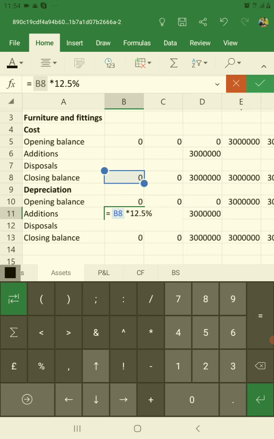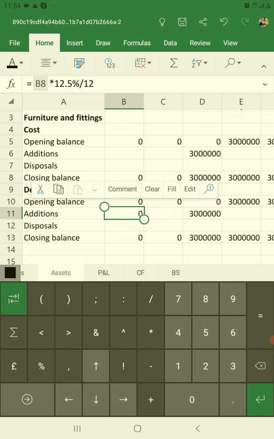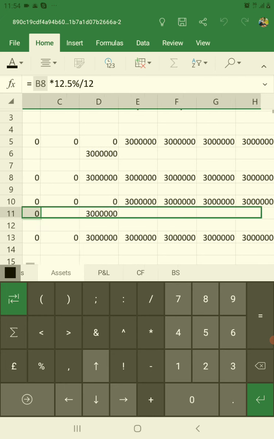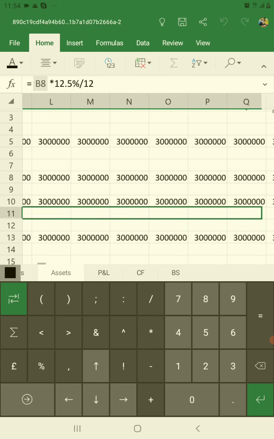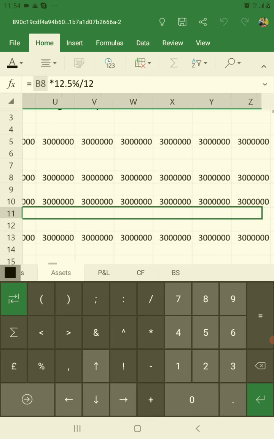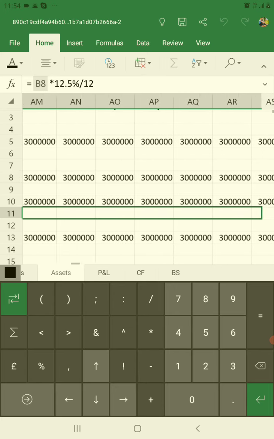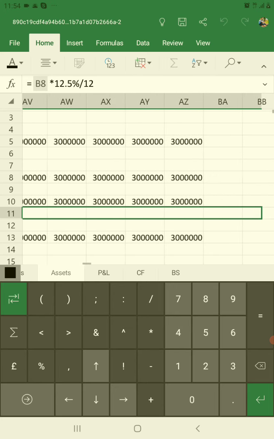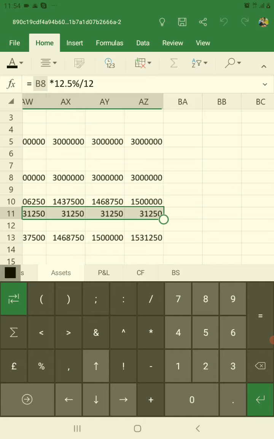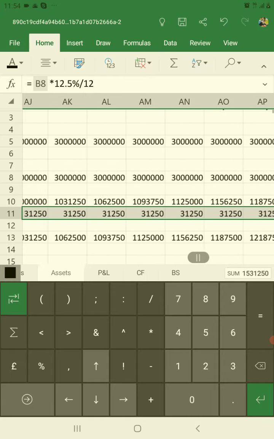So to get per month, because we are modeling on monthly basis, I divide it by 12. Press enter, and now I can just tap to fill this to the rest of additions row of depreciation. That's how depreciation is added.